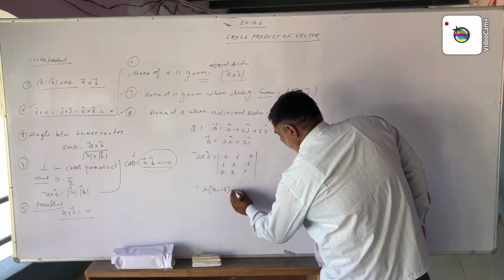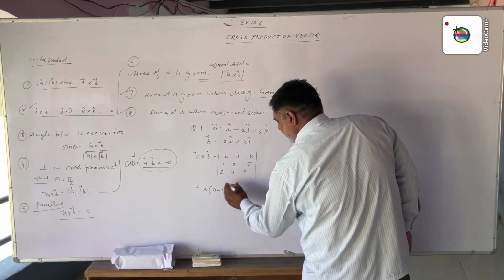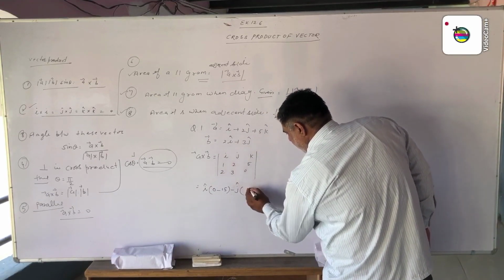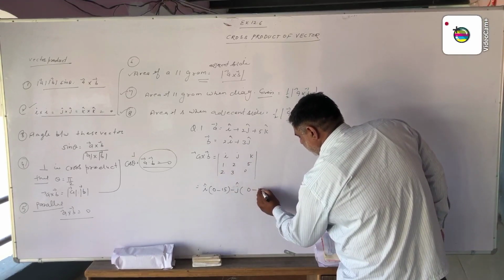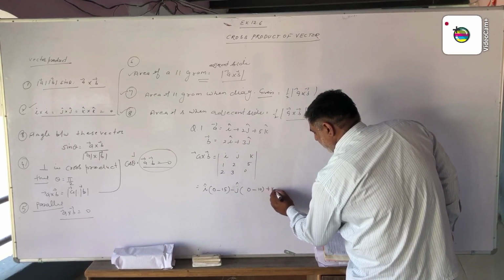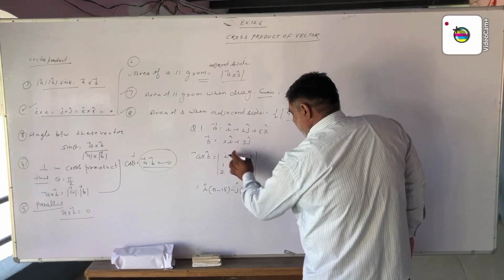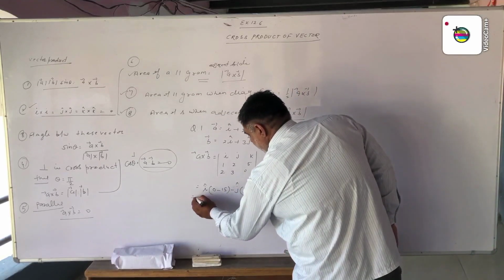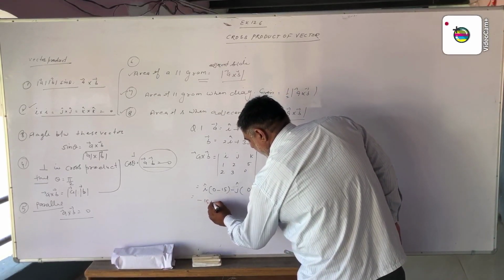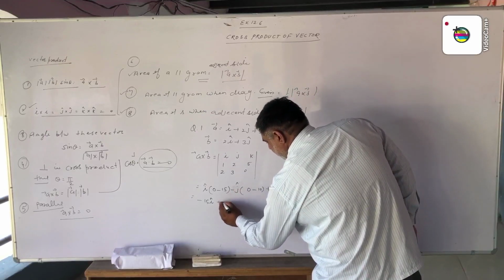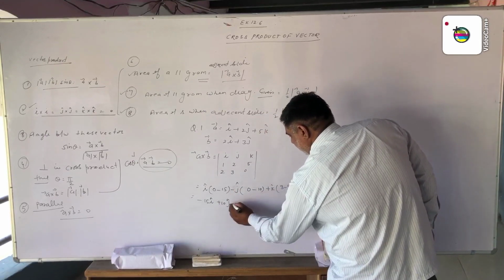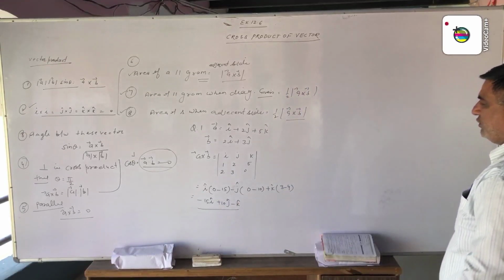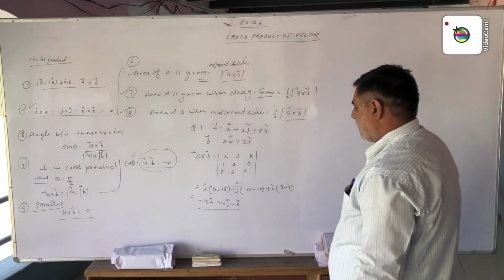After this, minus j into, cancel this row and column, (1 times 0 minus 5 times 2), which is minus 10. Plus k into, cancel these, (1 times 3 minus 2 times 2), which is minus 1. Now we solve: 0 minus 15 gives minus 15i, plus 10j, minus k. This is the cross product of these vectors, vector A cross vector B.